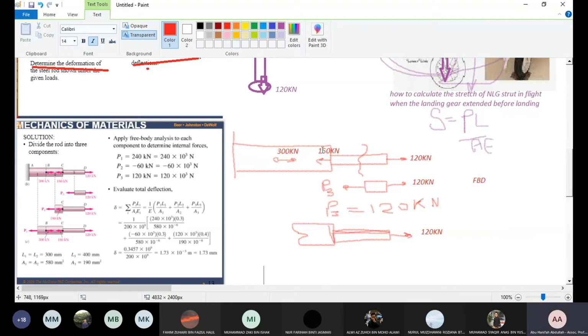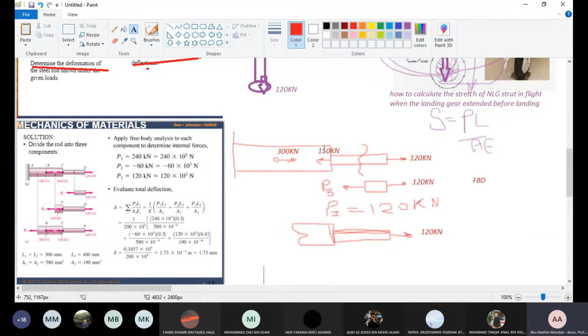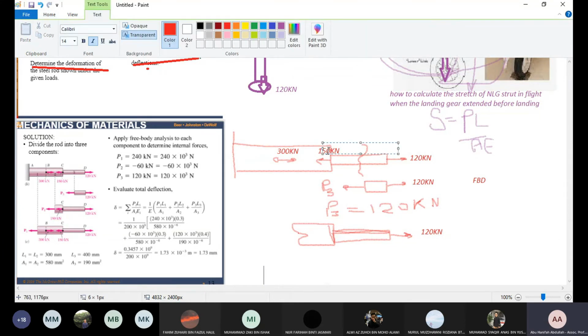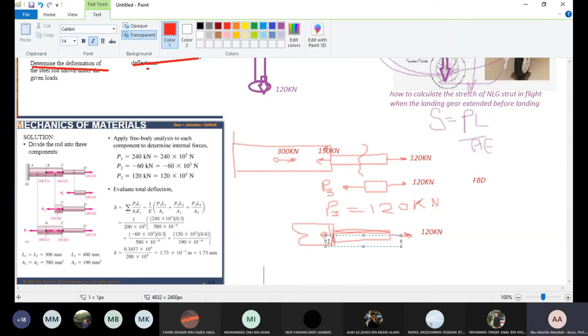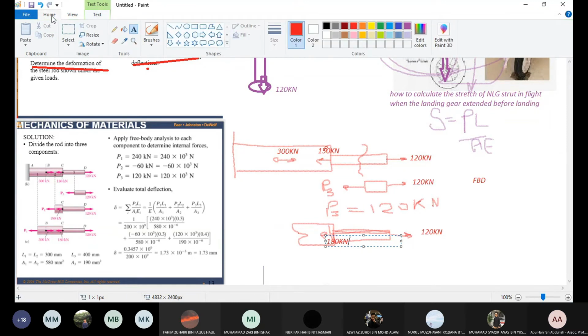Sorry, this is 180, my mistake. So here we have 180 acting. We know already, we put it back here, 180 kilonewton. And then we have P2.